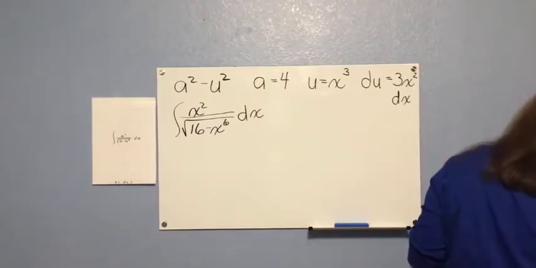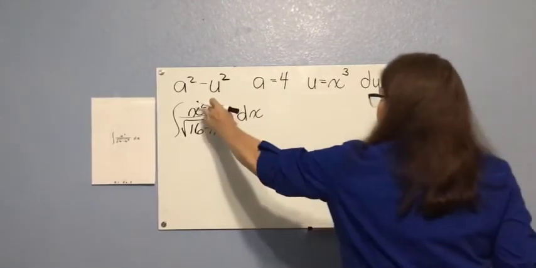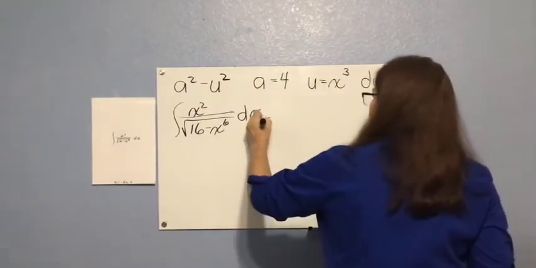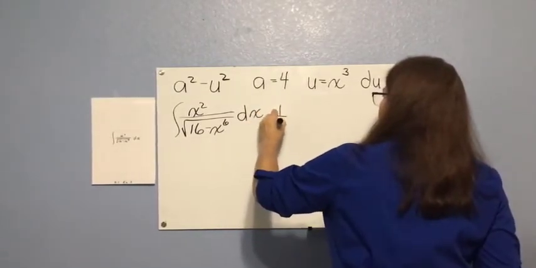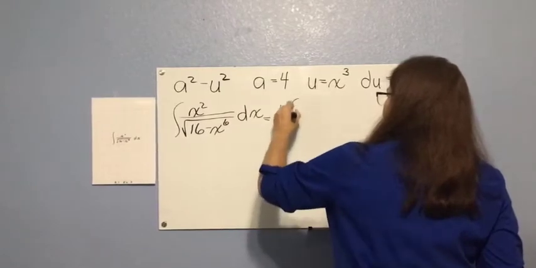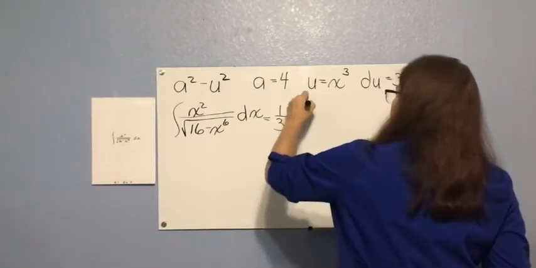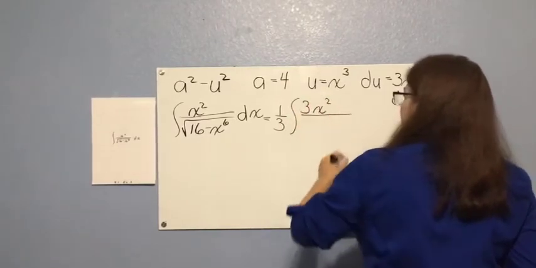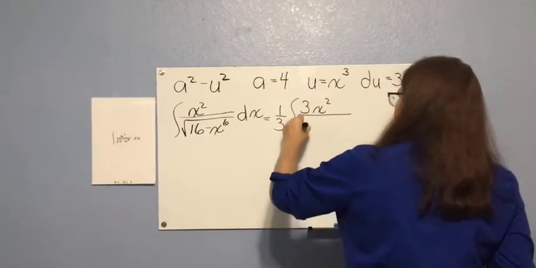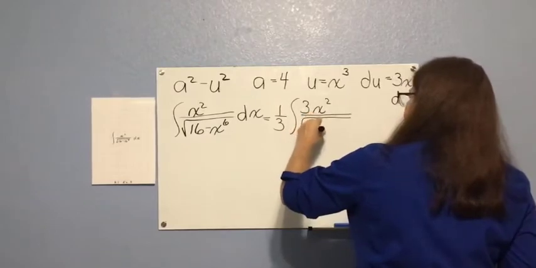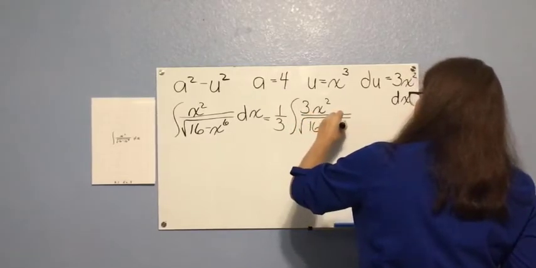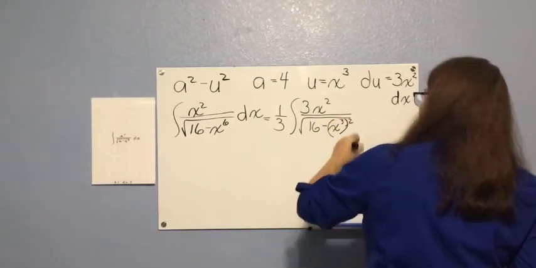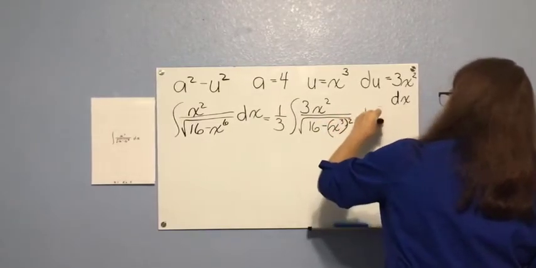dx. Okay, so now I know I want 3x squared on the top. So I'm going to put a 1/3 out in front. That allows me to put 3x squared up here over the square root of 16 minus x cubed squared dx.